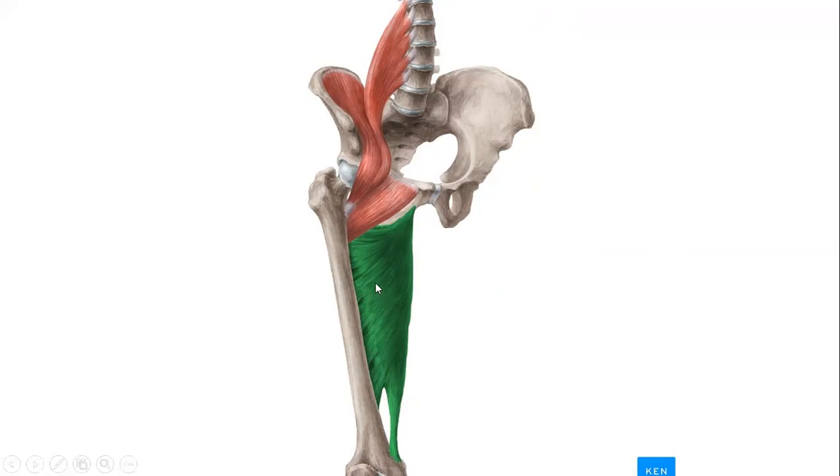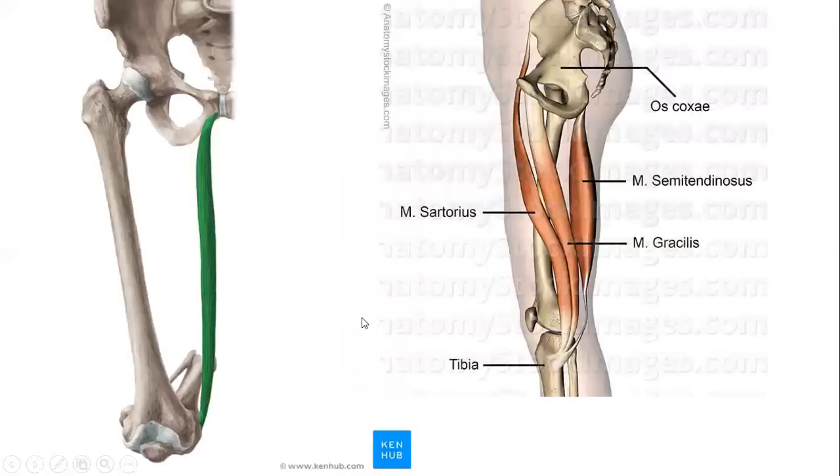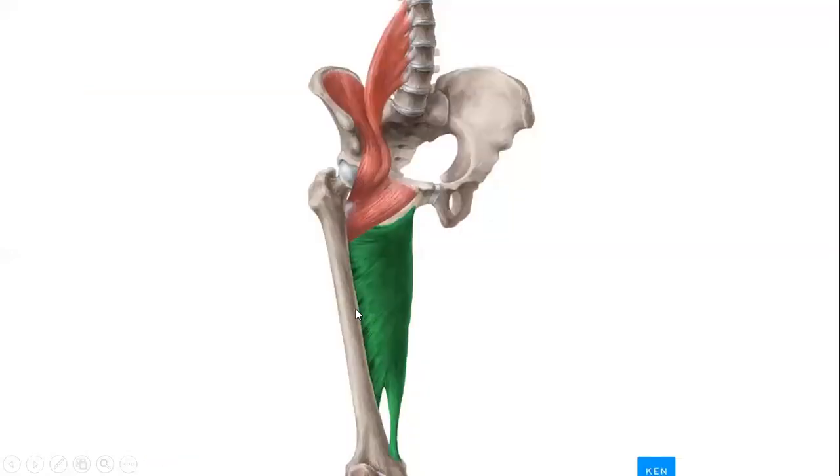Adductor portion of the adductor magnus muscle gets attached over the linea aspera, as well as upper part of the medial supracondylar ridge via an aponeurosis. So it has an aponeurotic distal attachment.